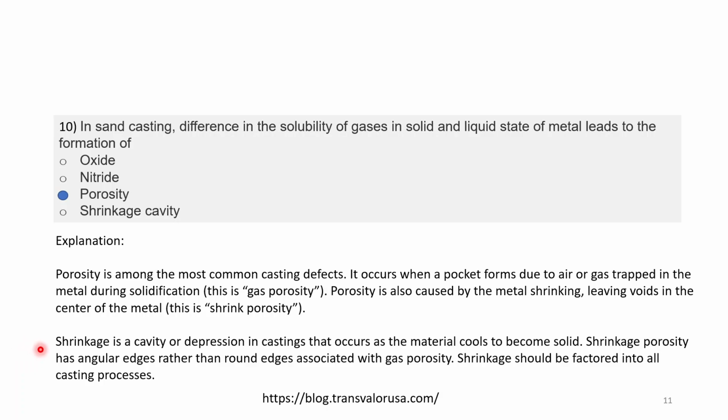Shrinkage is a cavity or depression in casting which occurs as the material cools to become solid. Shrinkage porosity has angular edges rather than the round edges associated with gas porosity. Shrinkage should be factored into all casting processes, so there are some tolerances that are taken for the shrinkage.